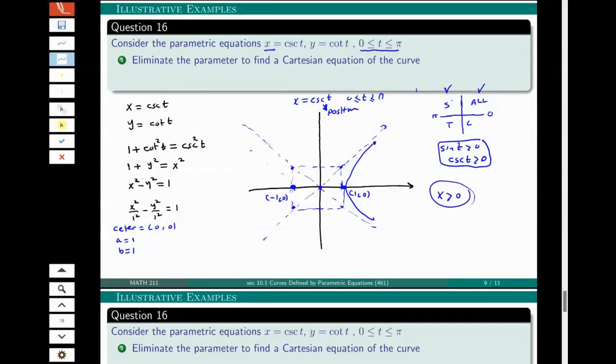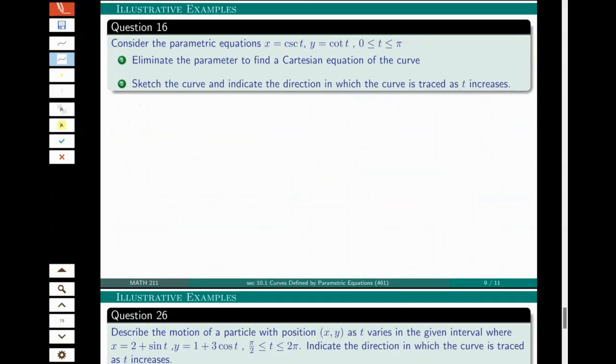So that's why we have to select our domain where cosecant is positive, which means x is positive. So that's why we remove this left-hand side. Now, in which direction? Since we know the graph now in our Cartesian system, it will start at 1 and go that way and that way. We need only to select in which direction.